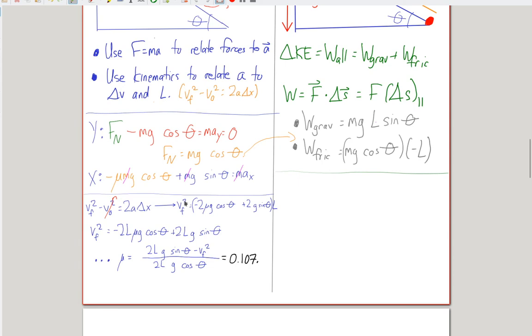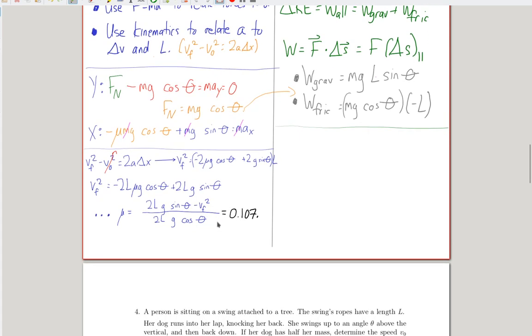So putting these ideas together, the change in kinetic energy is going to be 1/2 mv final squared minus 1/2 mv initial squared. Of course, I know that term's 0. Equals, let's see, I just add up the work on the right side.